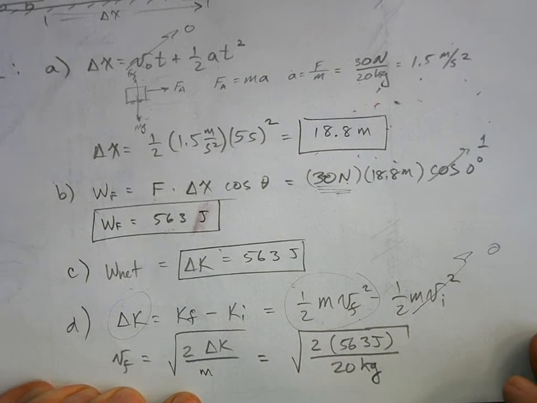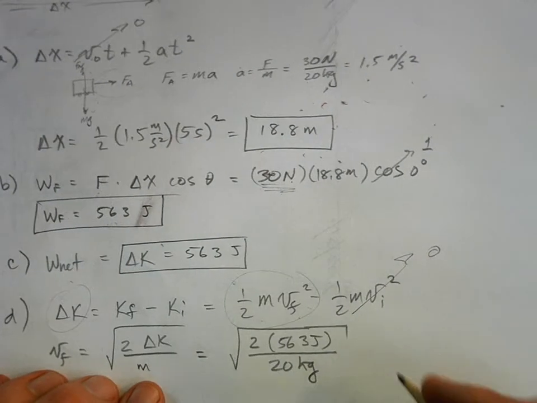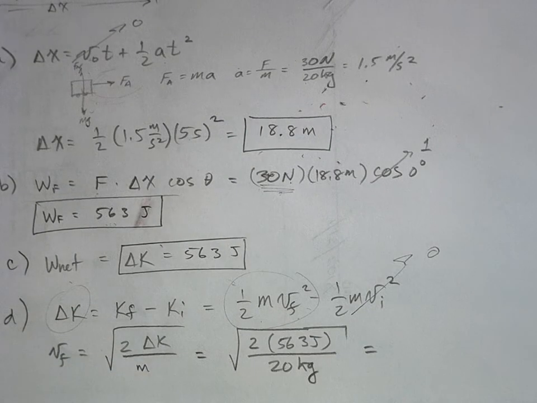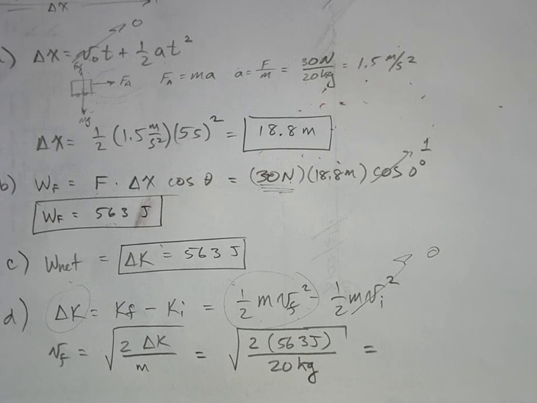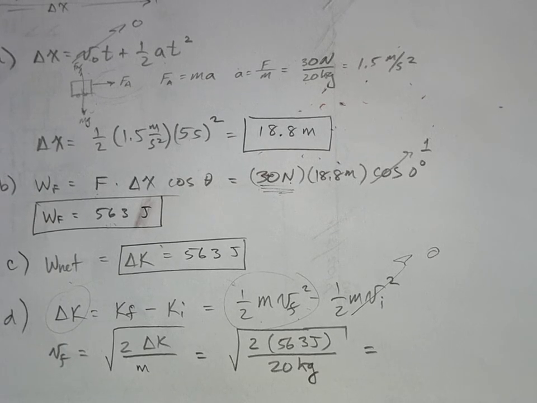There's our values. So two times 563 divided by 20 equals, and then we're going to take the square root of that.